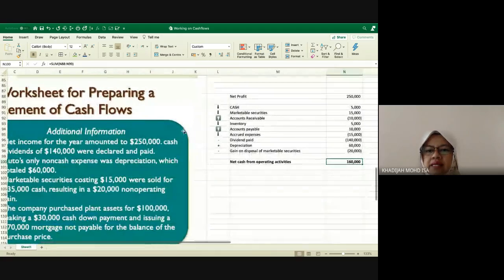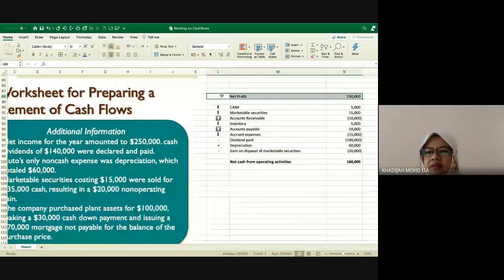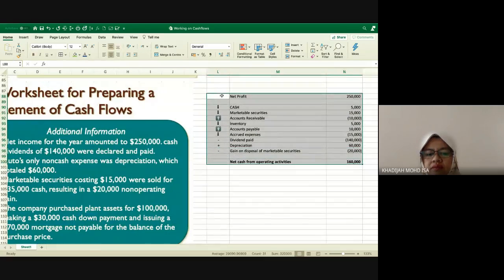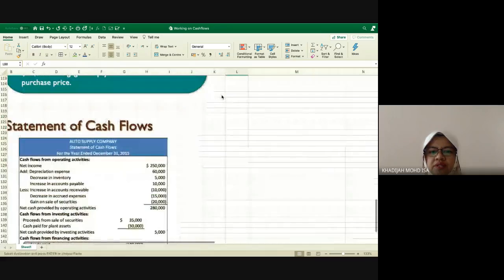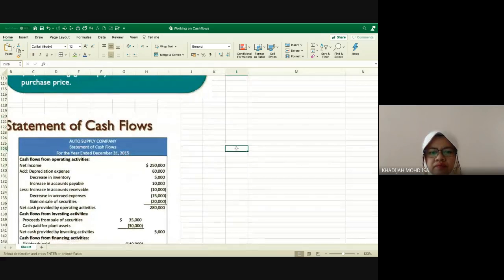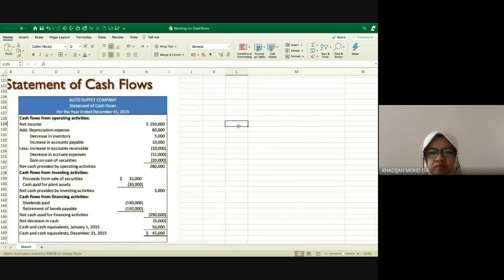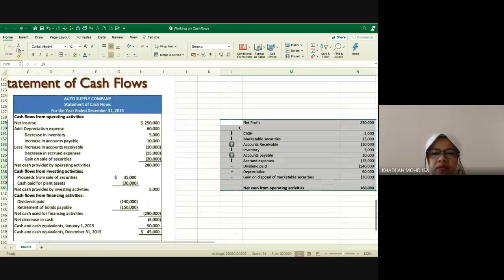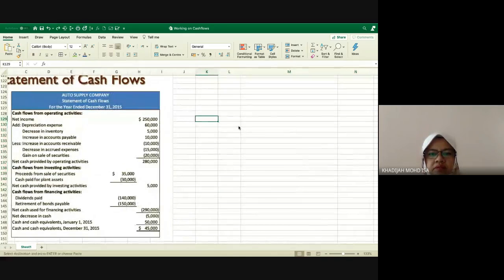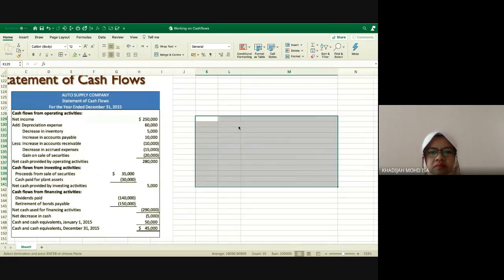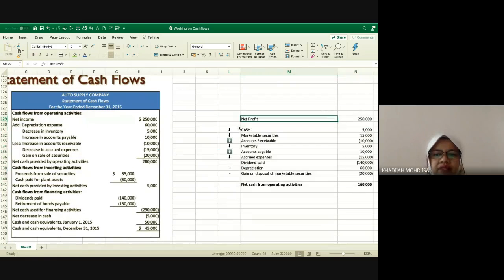Okay, let's compare. Let's be sure where we went wrong. We started with net profit of 250, and okay, this one we did correct. And then you add back your depreciation. Yes, we add back.